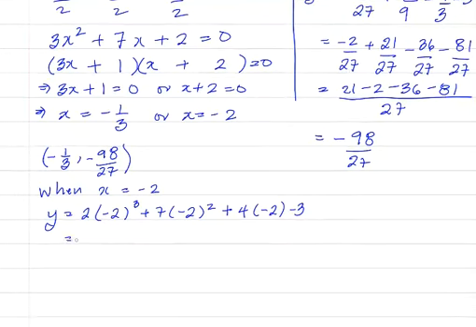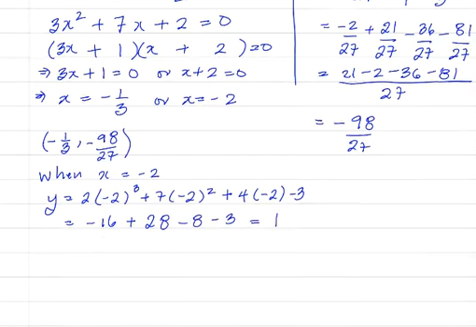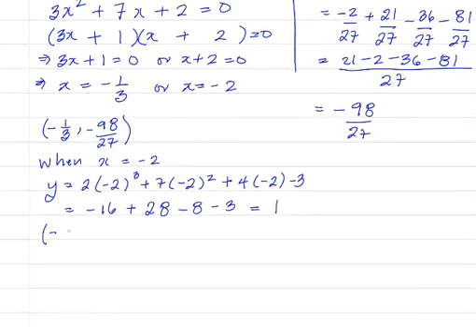So this is minus 16 plus 28 minus 8 minus 3. So 28 minus 16 is 12, minus 8 is 4, minus 3 is 1. So this turning point is minus 2, 1. So I have my two turning points.